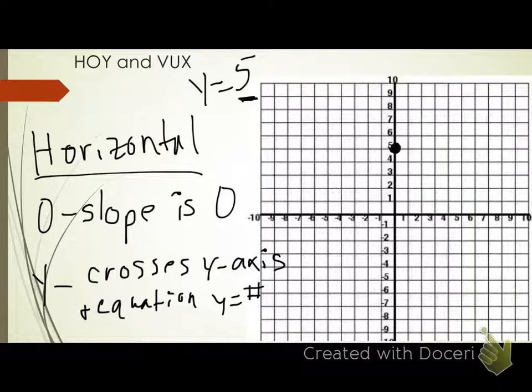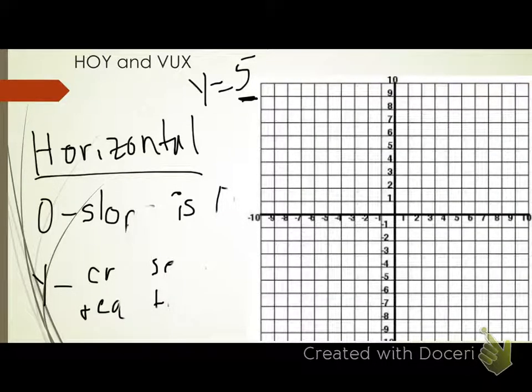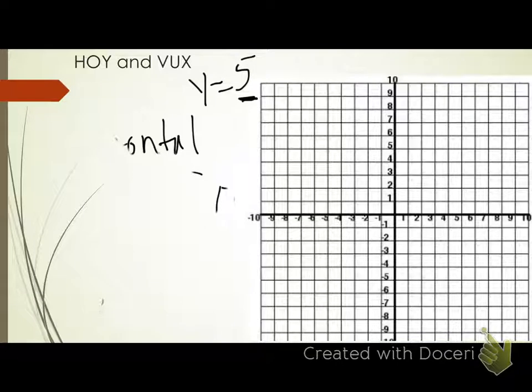And since it's y equals some number, I know it's going to be a horizontal line. So it's just going to be a flat line going all the way across through the y-axis at 5. So the slope of a horizontal line is 0. Horizontal line takes on the form y equals some number.